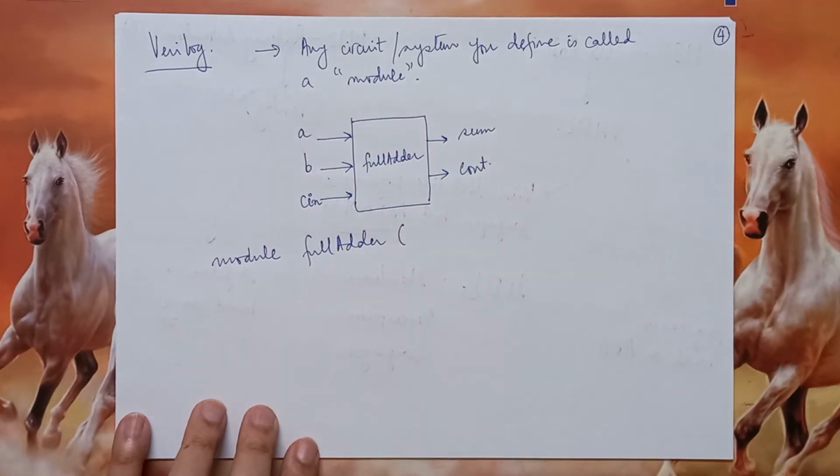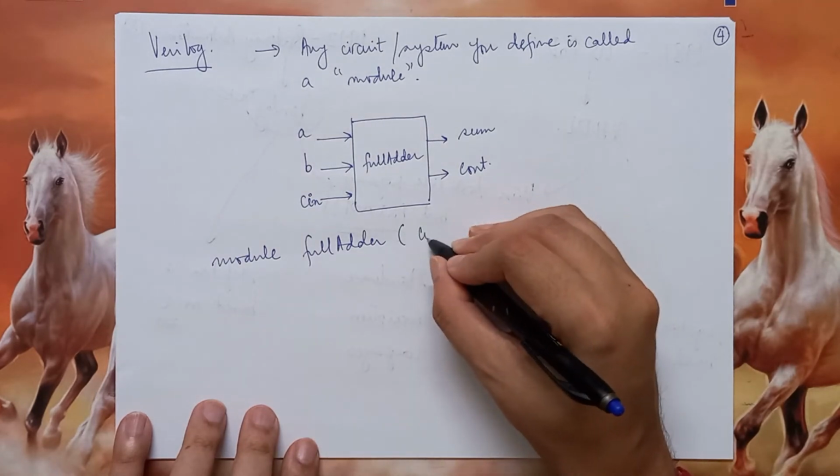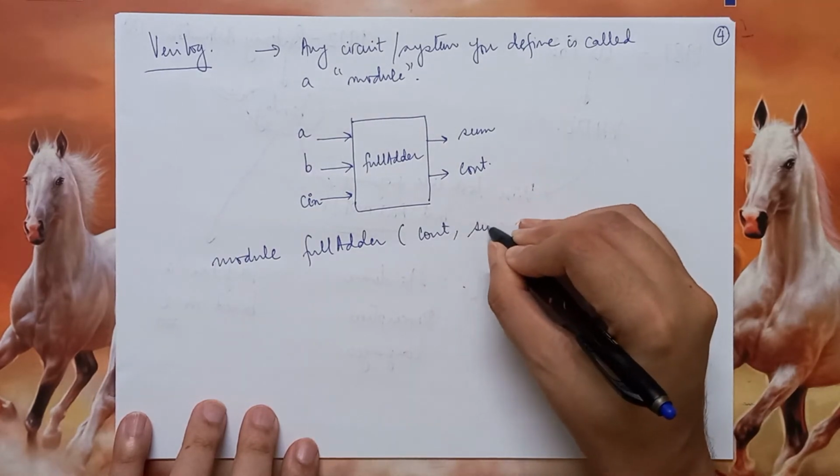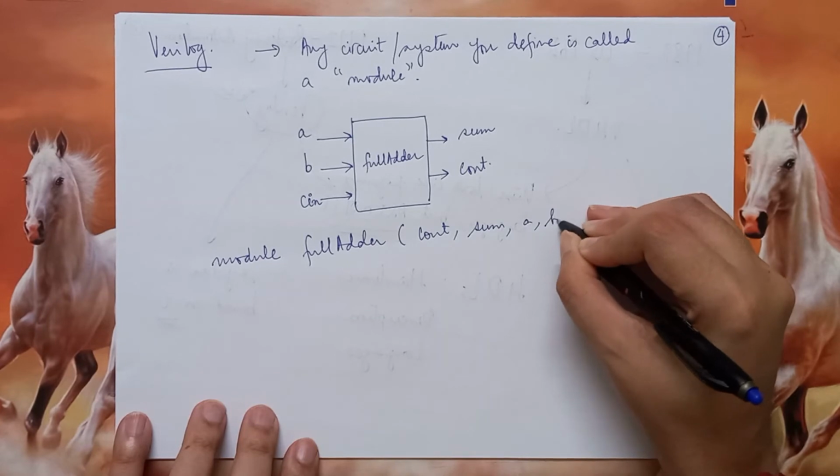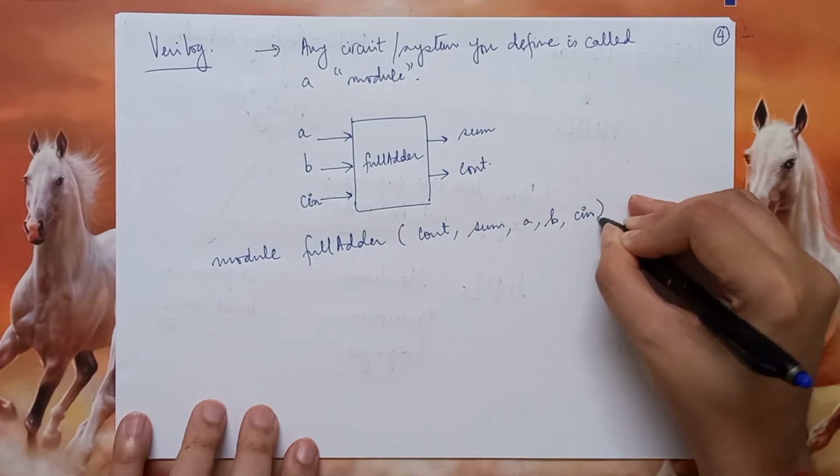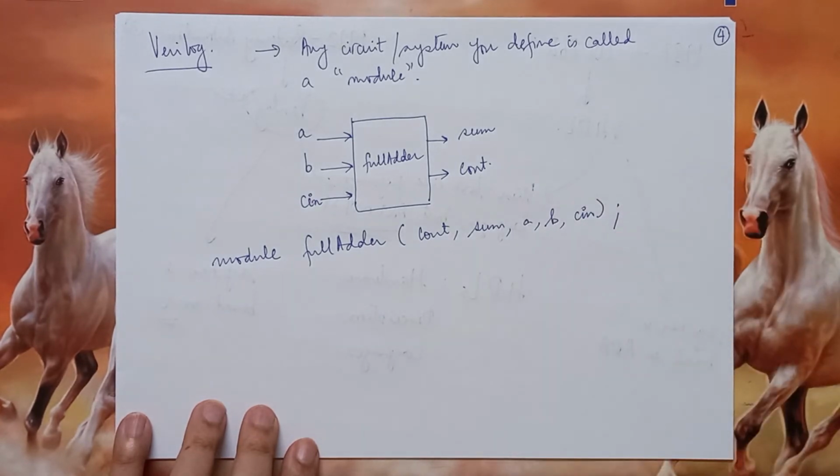And then in brackets, just like a function, you are going to write down the pins of the system, that is the inputs and the outputs. So a good convention is to write the outputs first. Let's call this C out, sum, A, B and C in. Then every line ends with a semicolon.